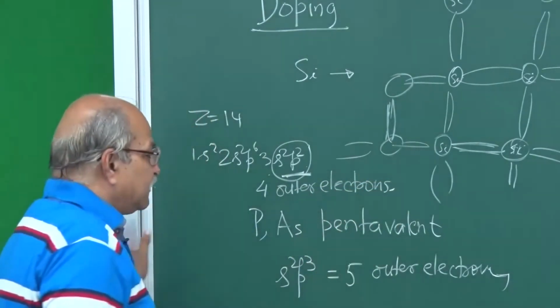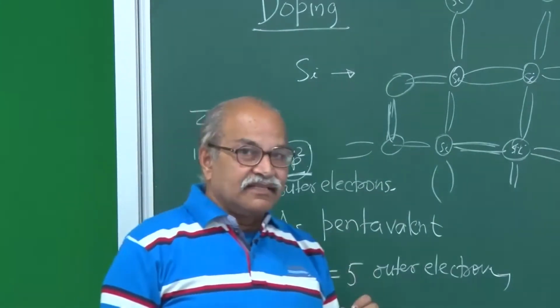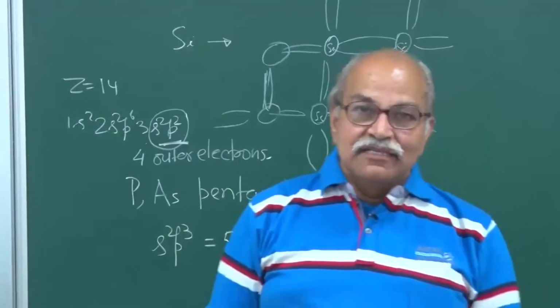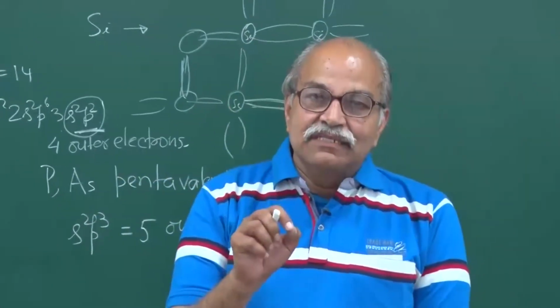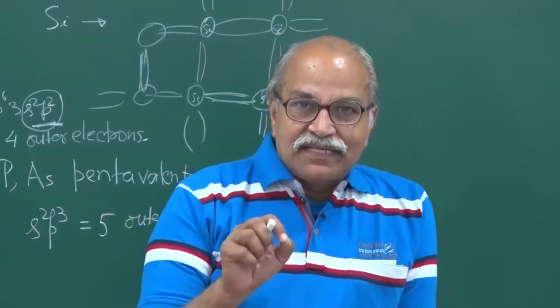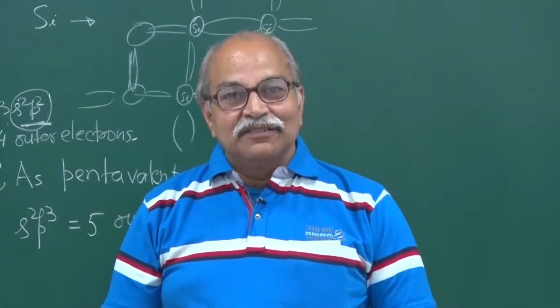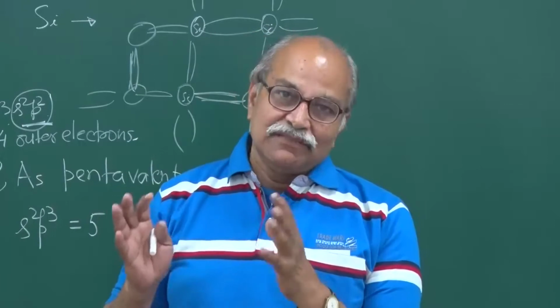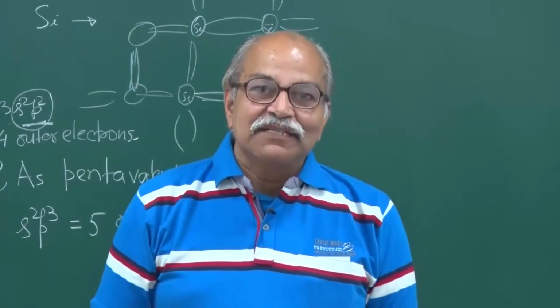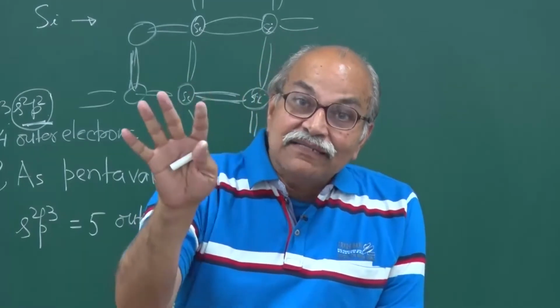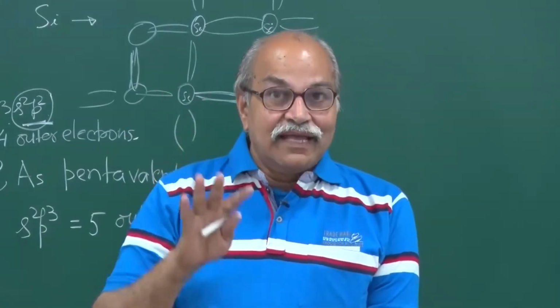So what happens if I take arsenic and through metallurgical processes we diffuse a little bit of arsenic into this silicon crystal? The process has to be well formulated and well implemented so that we retain that silicon crystal at the end.